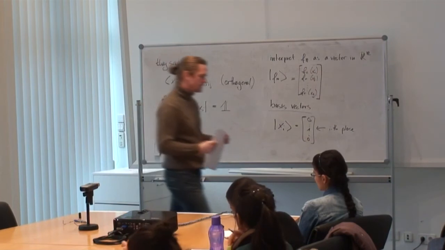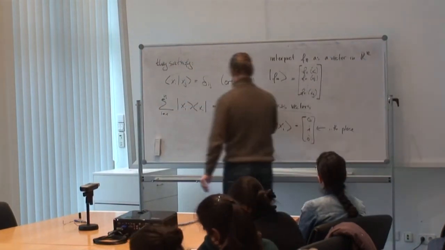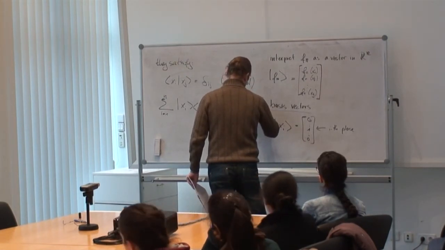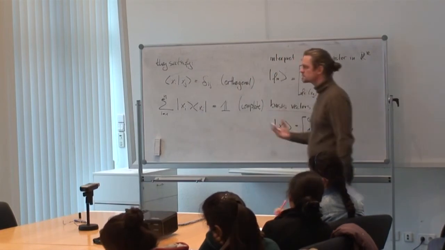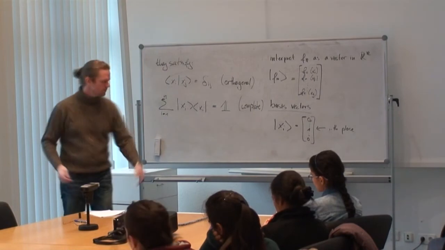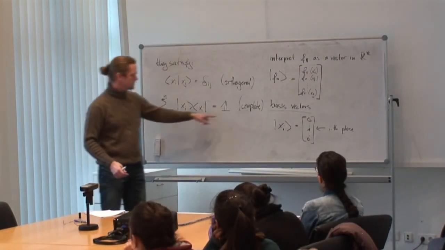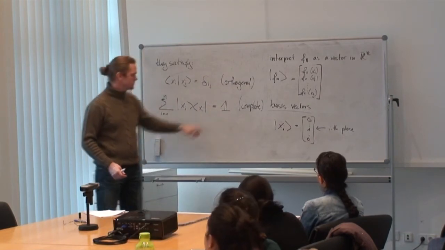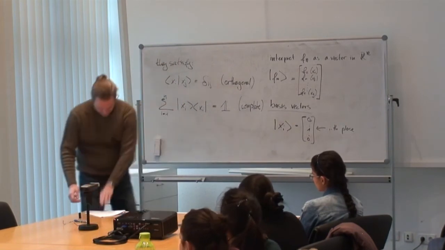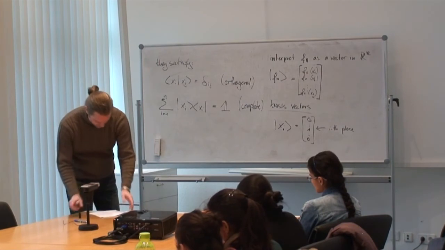A funny name for this in mathematics is to say that they are complete. That is once more to say that if we are talking about an n-dimensional space, the sum over n such outer products gives us the identity operator, and that is to say that the basis vectors are complete.